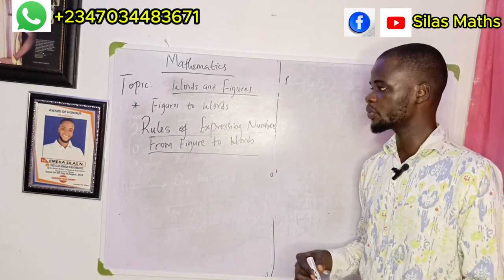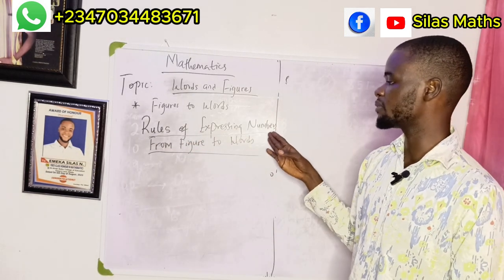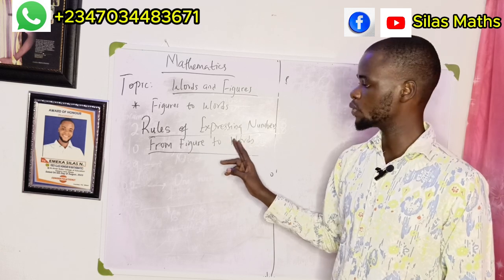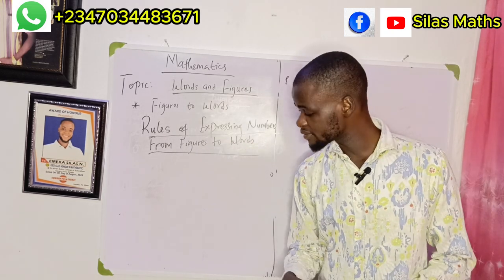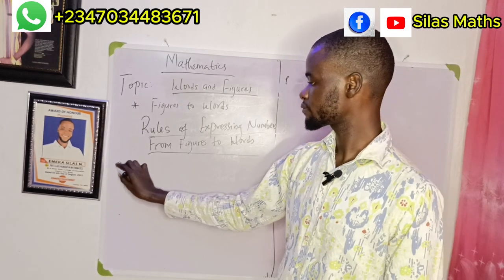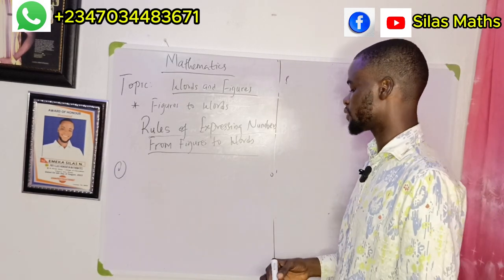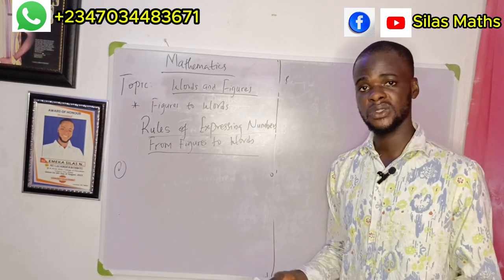What do we have on the board? We have rules of expressing numbers from figures to words. So what are the rules? To express numbers from figures to words, there are some things we need to consider.